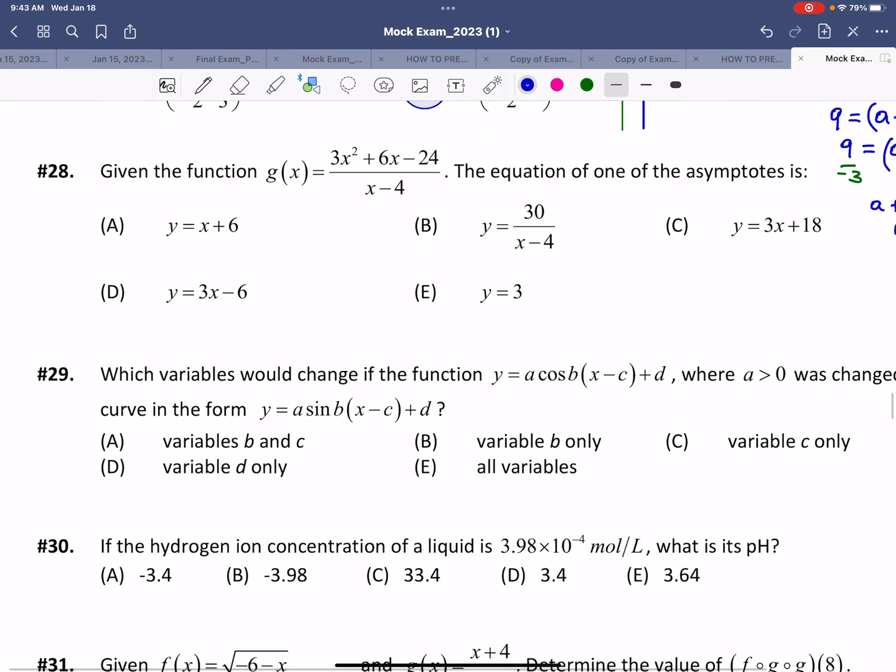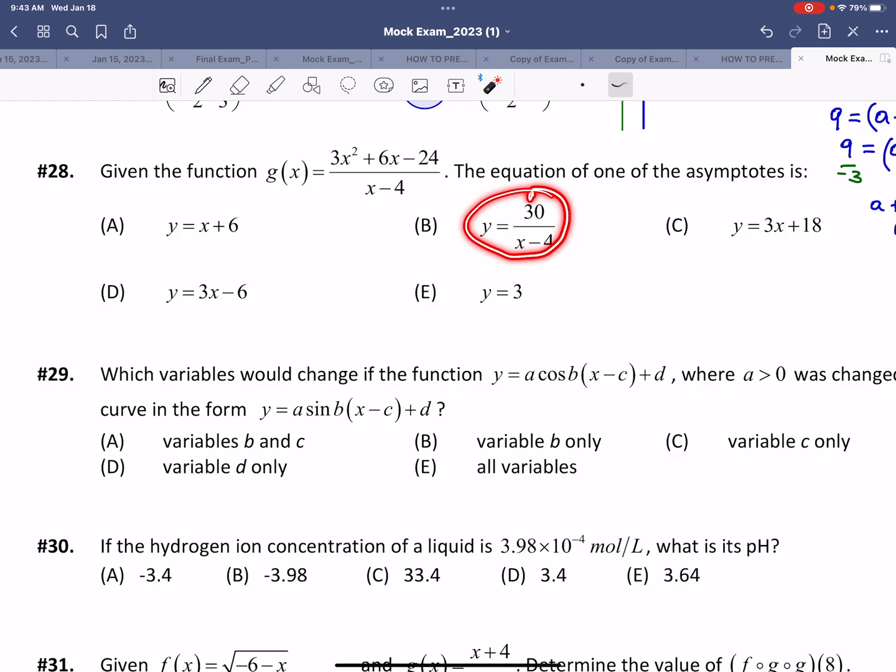Given the function 3x squared plus 6x minus 24 over x minus 4, the equation of one of the asymptotes is y equals x plus 6. So as you can see in here, this would be an oblique asymptote, horizontal asymptote, oblique asymptote, and this one here will be a rational function.